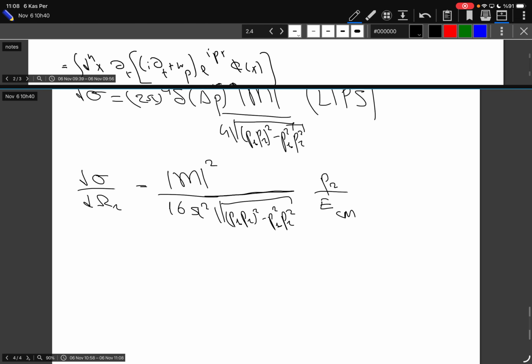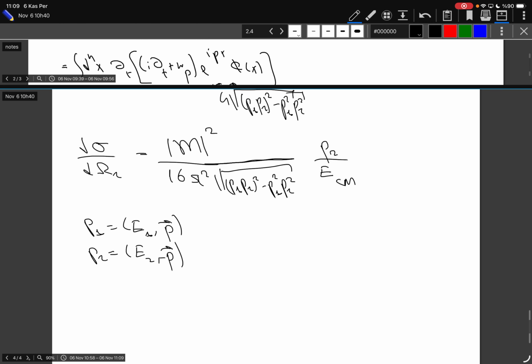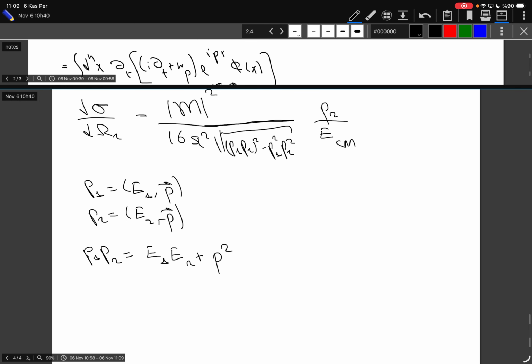Now, we said that let's evaluate this in the center of mass frame. In the center of mass frame, P1 is equal to E1 P, P2 is equal to E2 minus P, because I'm in the center of mass frame, P1, P2, E1, E2 plus P squared, and E center of mass is equal to E1 plus E2.